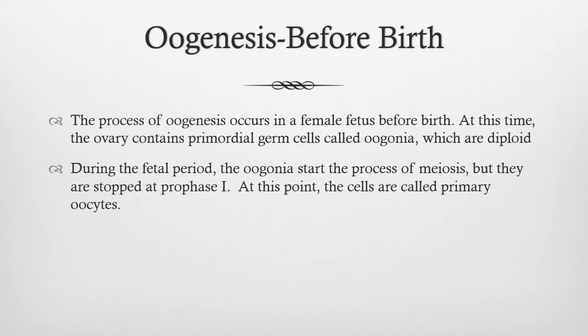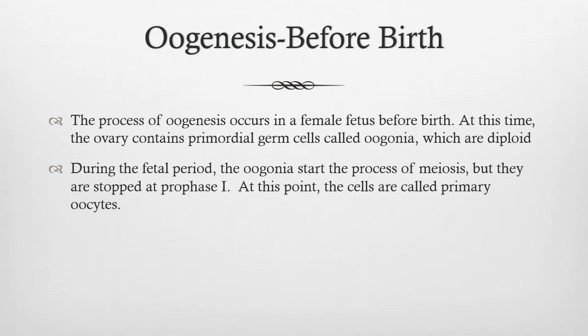So oogenesis itself goes through several different phases. And so with females, all of the eggs have been started in their maturation before birth. And so oogenesis begins before birth. During the embryonic and fetal stages, the cells themselves are starting to go through their normal processes.